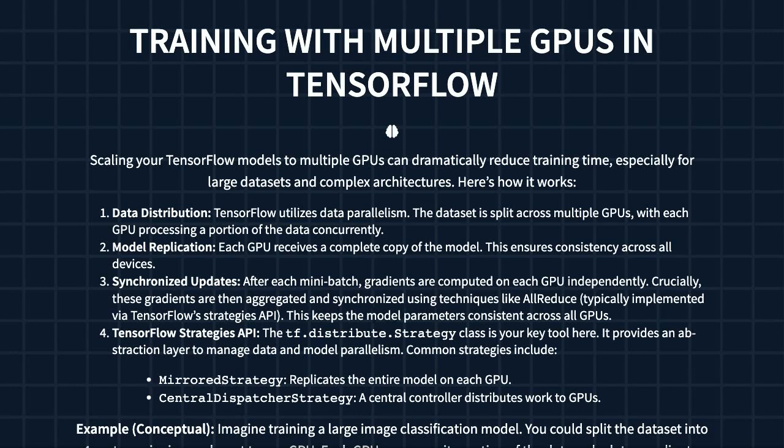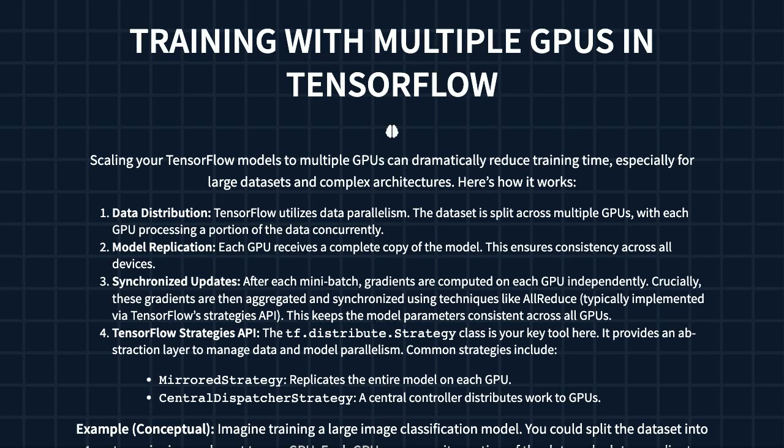Basically, what we're doing is scaling up our training process to handle much larger datasets and more complex models. The core idea is data parallelism. We split the data amongst several GPUs. Each GPU gets its own copy of the model. Then, after processing each mini batch, those GPUs independently calculate the gradients, how much they need to adjust their weights.